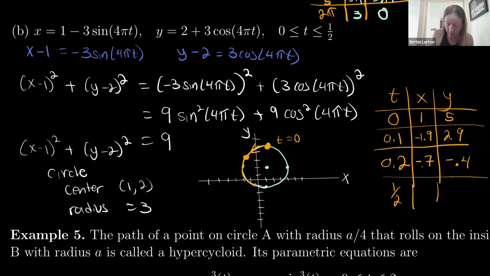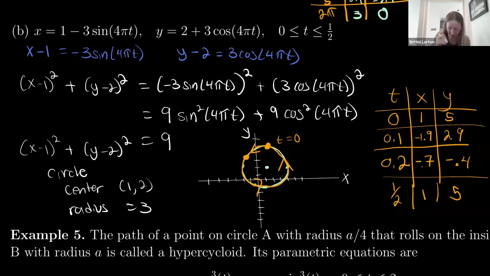Plugging in 1/2, I already plugged in 1/2 in my calculator as well, and I got (1, 5). So that means it ended right back where I started from. So in this case, it happened to be a full circle, starting at the top of the circle and oriented counterclockwise, and it's also shifted a little bit.